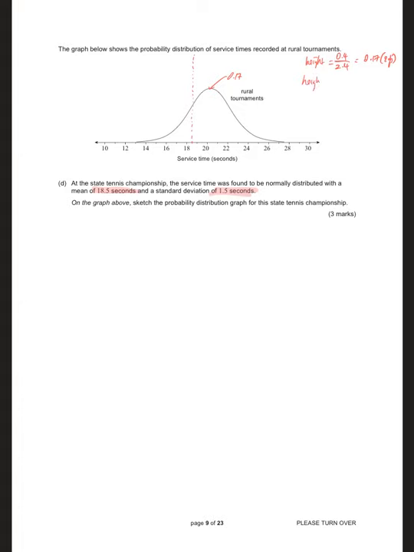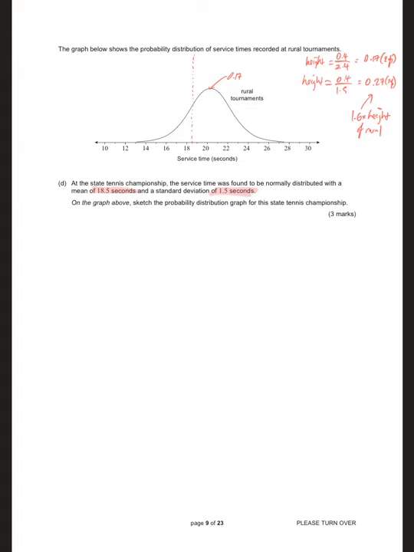Height for state. 0.4 on the new standard deviation is 1.5. 0.27, 2 decimal points. So how do we work this out? 0.27 divided by 0.17 is 1.56. So this is 1.6 times the height of rural.